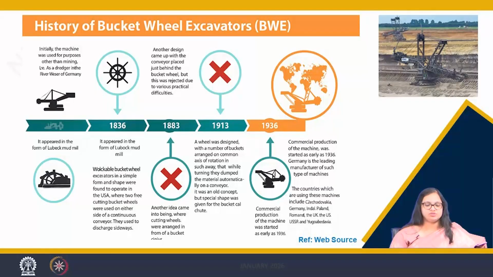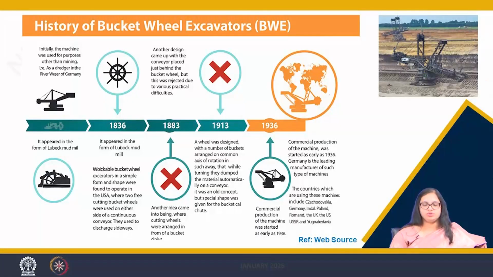However, there were again certain practical limitations to this design, and in 1913 a wheel was designed with a number of buckets arranged on a common axis of rotation, which we see nowadays in the bucket wheel excavator. However, while dumping the material automatically onto the conveyor, there was a lot of material loss.